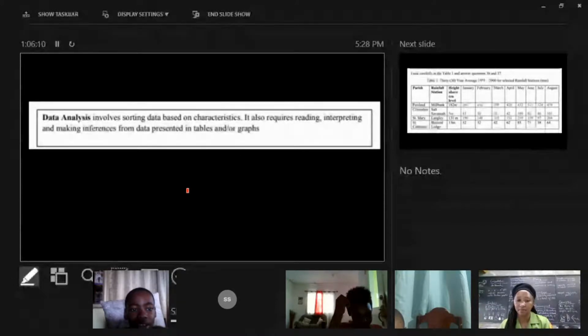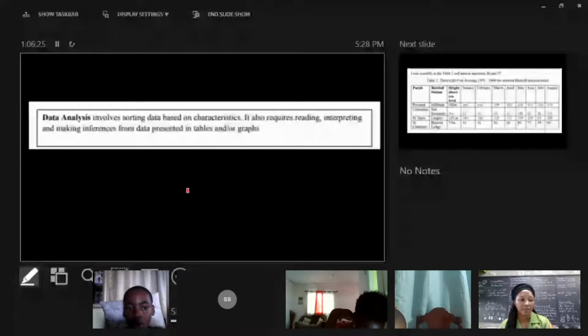Data analysis involves sorting data based on characteristics. It also requires reading, interpreting, and making inferences from data presented in tables and or graphs.